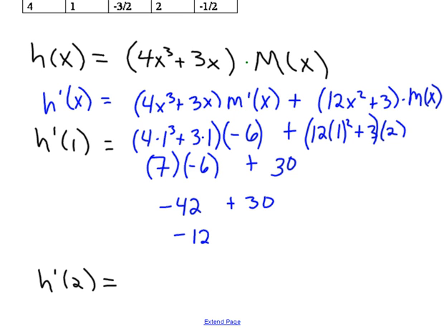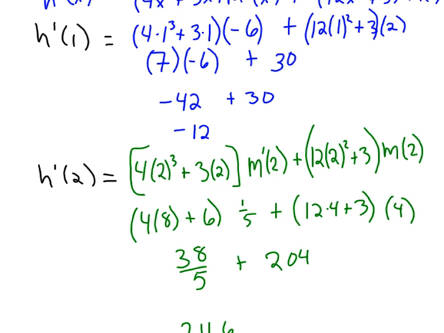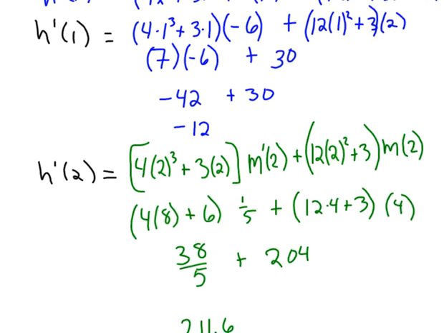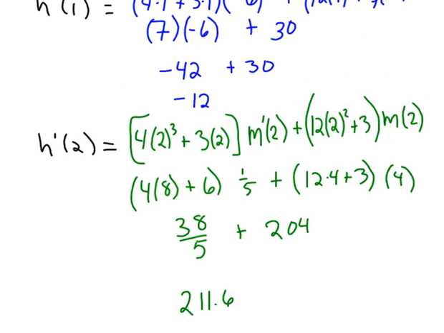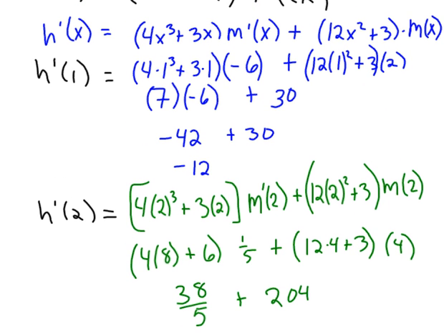Okay, why don't you stop the video and see if you can do h prime at 2. All right, welcome back. My answer I got was 211.6. Let's just check, make sure you did everything right. You plug the 2 in for the x. So it's 4 times 2 cubed plus 3 times 2.